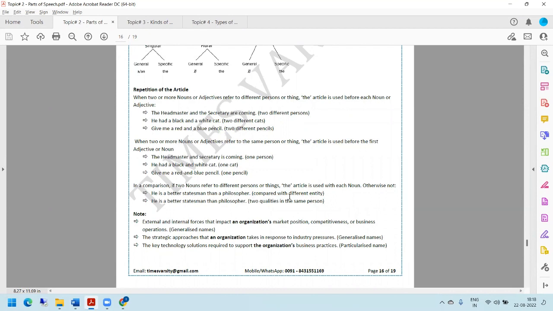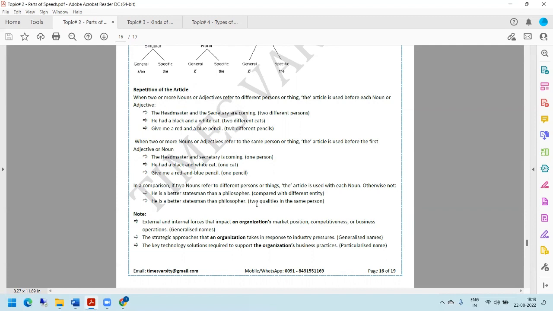Compared with a different entity, that's why the article "a" is used before "better statesman" and also before "philosopher." But if we talk about two qualities in the same person, "He is a better statesman than philosopher," the article "a" is not used.